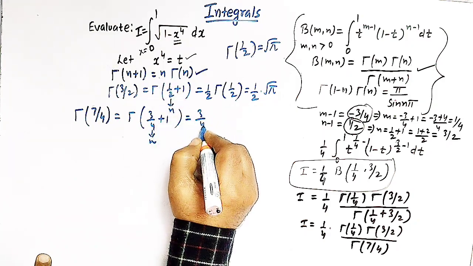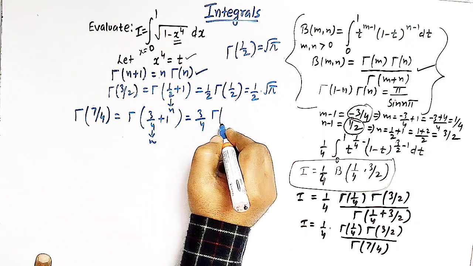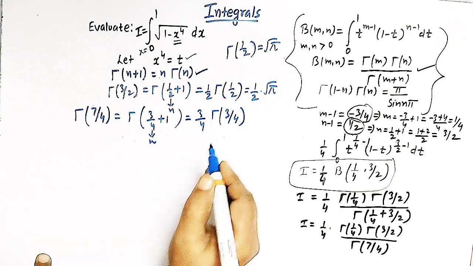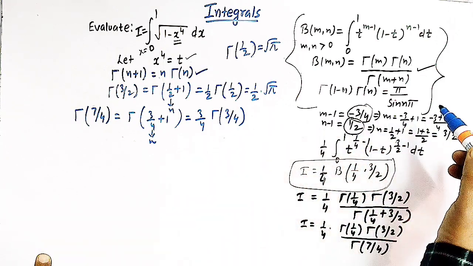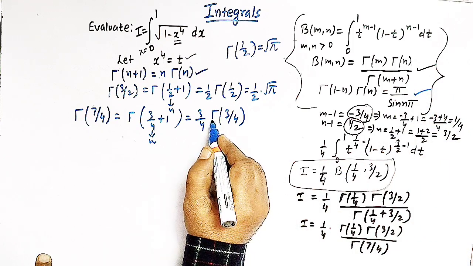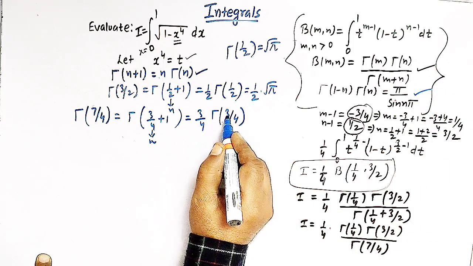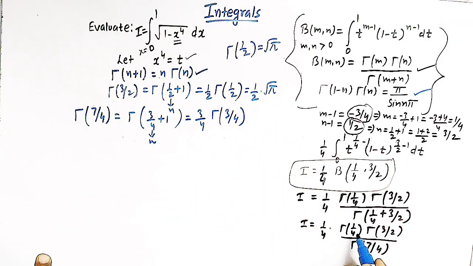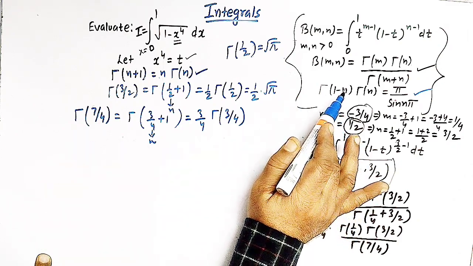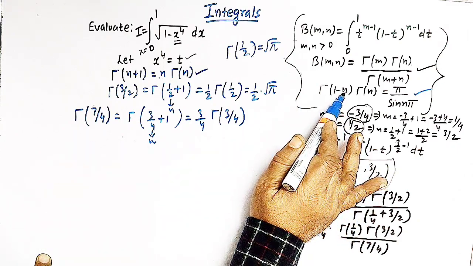So here we have 3 by 4 times gamma 3 by 4, right? Okay, now let us make use of Euler's reflection formula, right? Because we have to express gamma 3 by 4 in terms of gamma 1 over 4, right? So here we can substitute n is equal to 1 by 4.